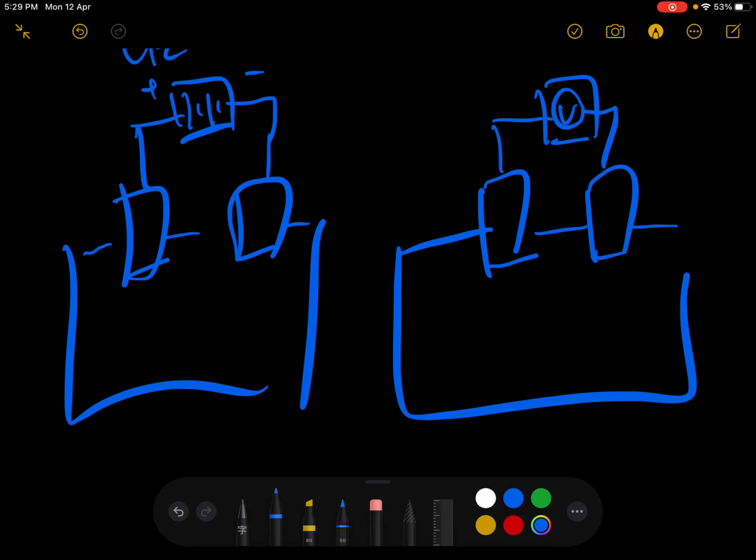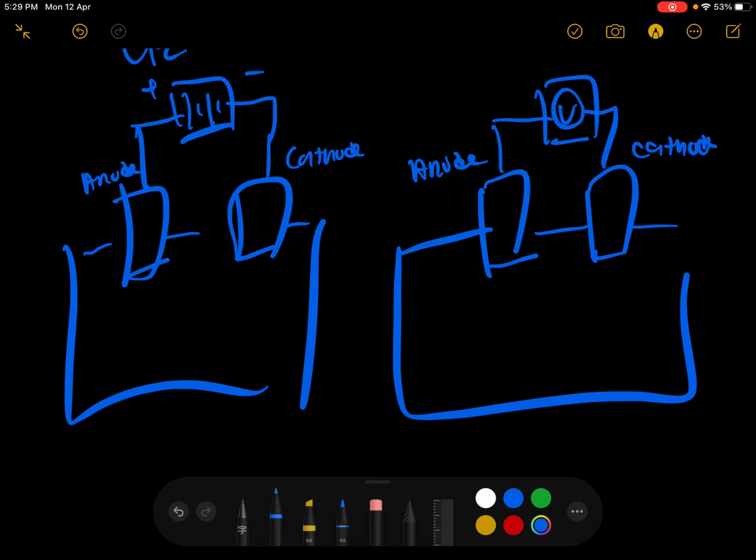The main difference is this: here's positive, here's negative, because the longer one is positive. The positive terminal is the anode and the negative terminal is the cathode. However, for this part, let's say here's the anode and here's the cathode.